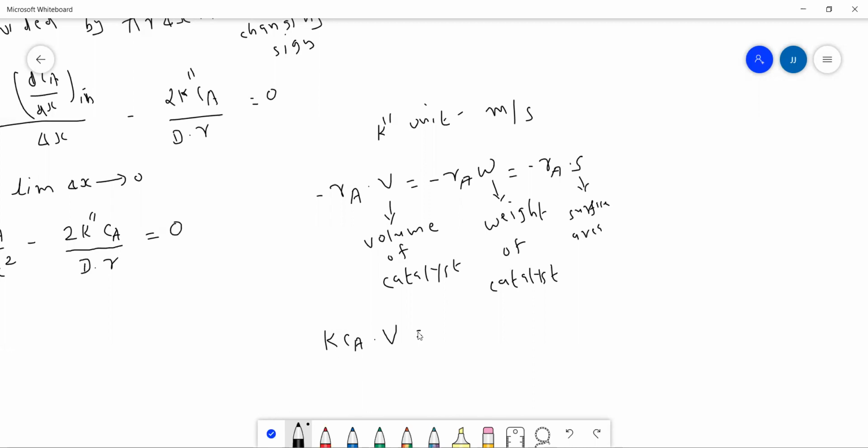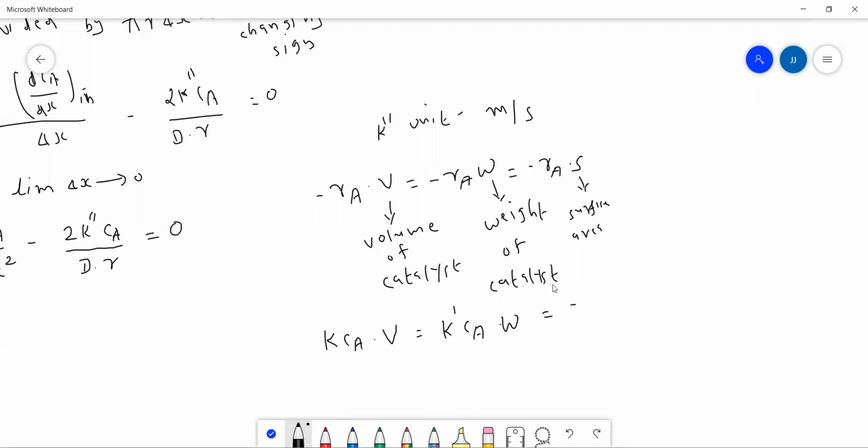So we write K dash into CA into W, equal to minus Ra.